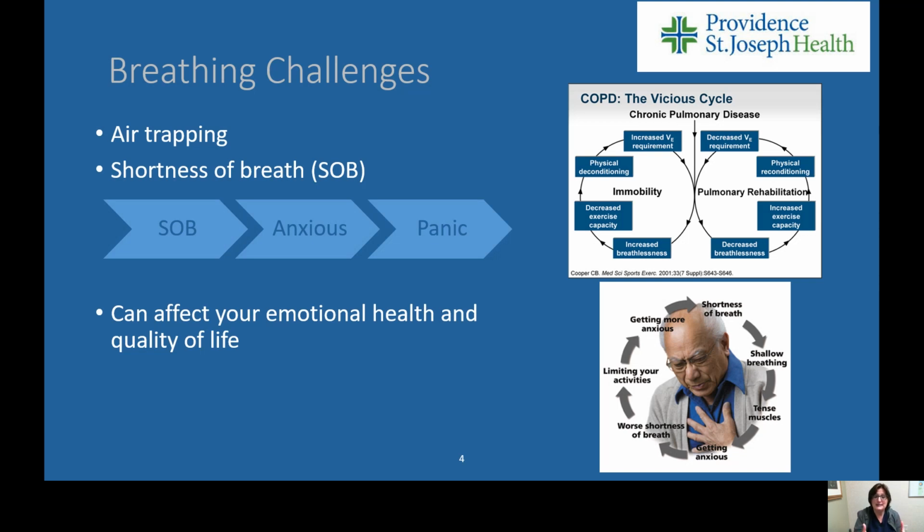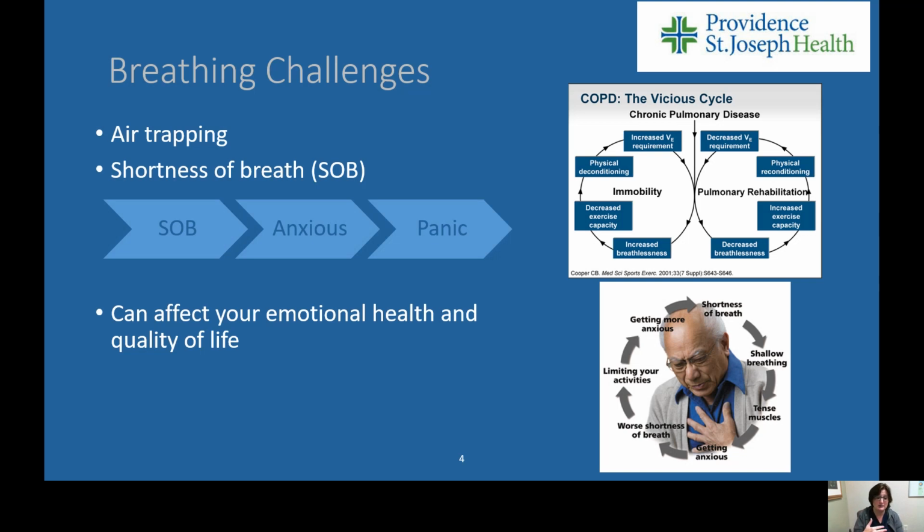The disease process makes it more of a challenge for that passing of gases to happen. With lung disease, and especially COPD, we start to trap that bad air. It gets stuck in there and is not able to get pushed out.